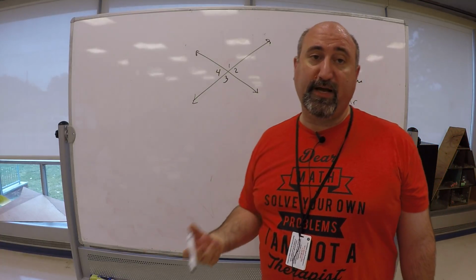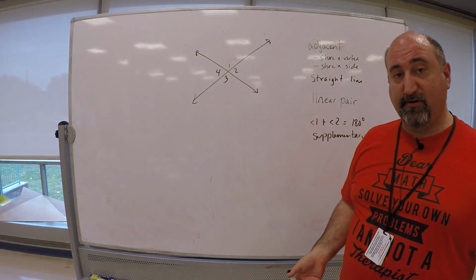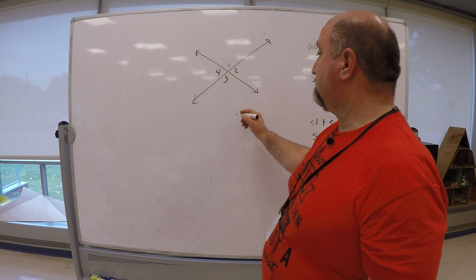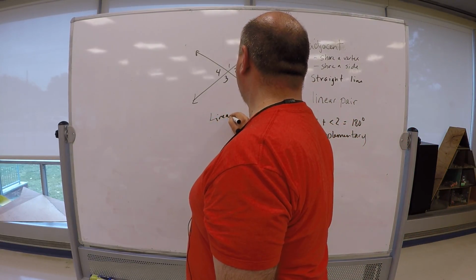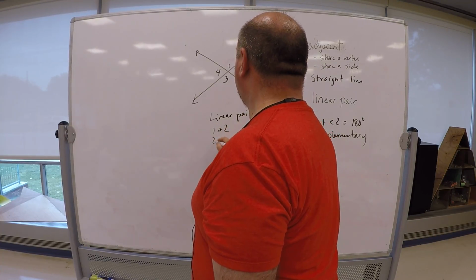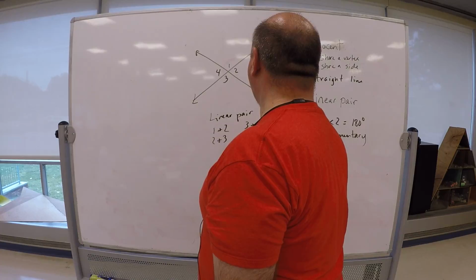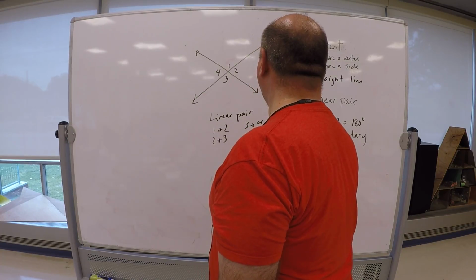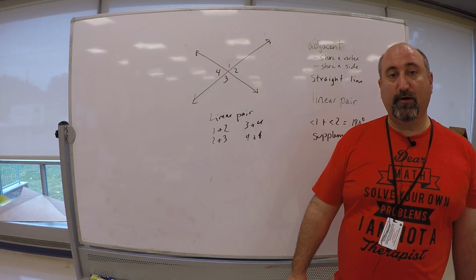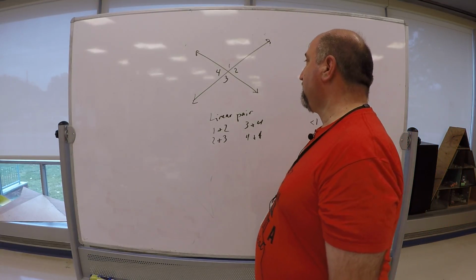Each of those angle pairs is going to add up to 180 degrees, and each of them is going to be a linear pair. So linear pairs in this picture are 1 and 2, 2 and 3, 3 and 4, and 4 and 1. Okay, each of those pairs adds up to 180 degrees.